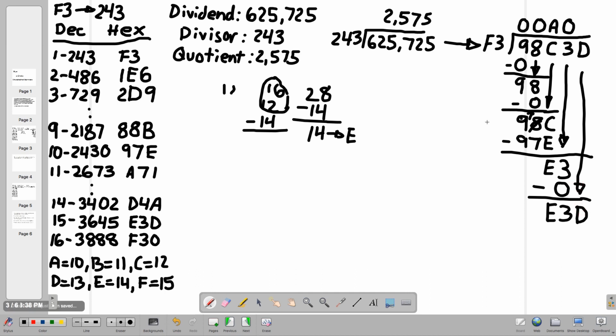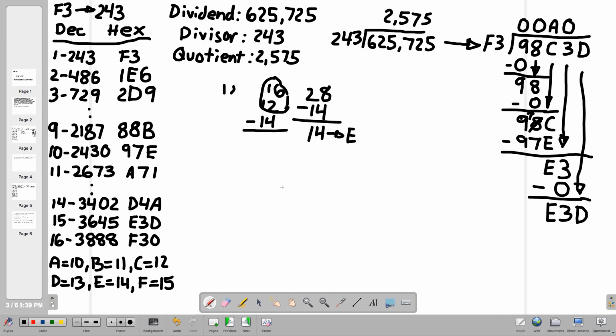All right, so to begin the next cycle, we ask the question, does F3 go into E3D? As we look towards the chart on the left, we show that E3D is represented over here. It says that 243 times 15 equals 3,645, and its hexadecimal representation is E3D.